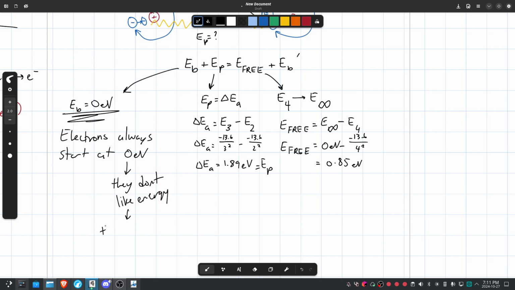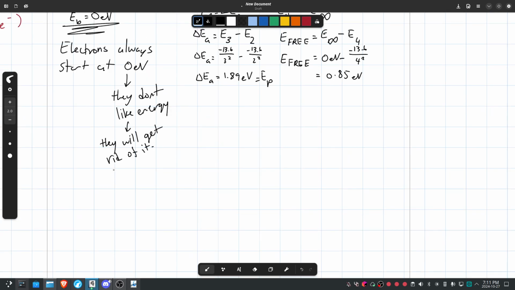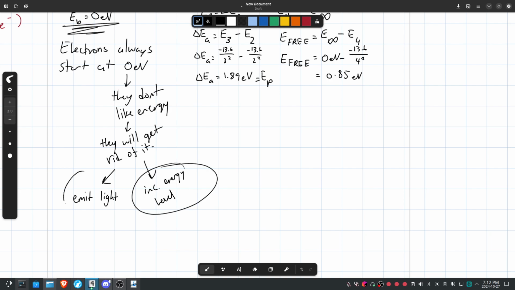They will get rid of it, either through emitting light or increasing, what do you call it, energy level. So that's something to keep in mind.